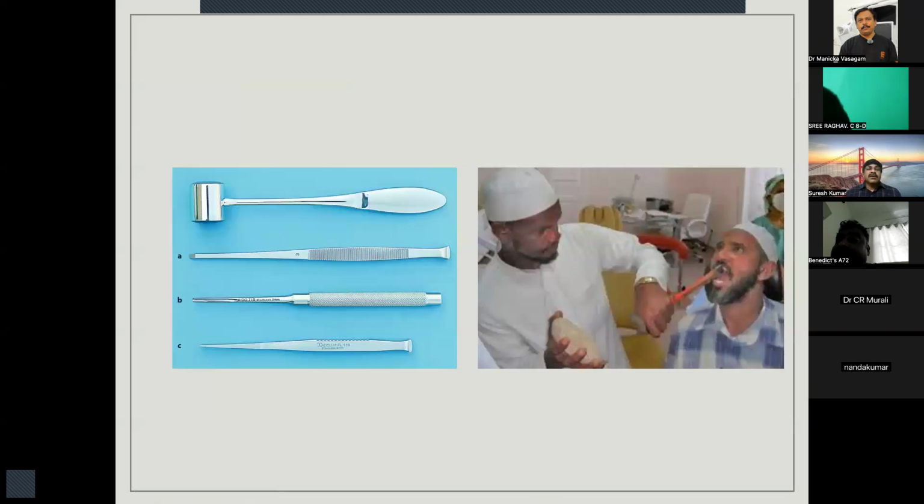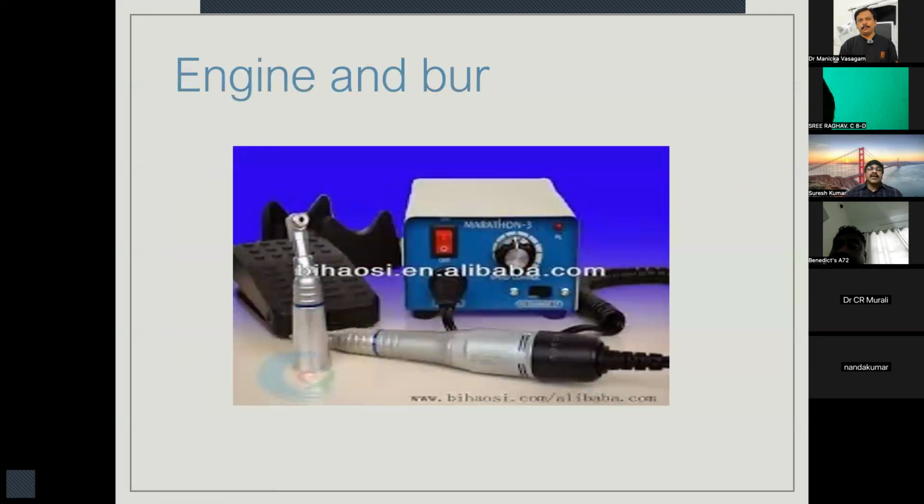So I strongly disagree with using chisel and mallet today to remove impactions, because we have better gadgets today to smoothly remove the impacted wisdom tooth. The second category, as I explained, is micromotors or surgical motors, where you have the motor and a straight handpiece that can be used. Remember, the contra-angle handpiece does not have much role because it does not have adequate torque.